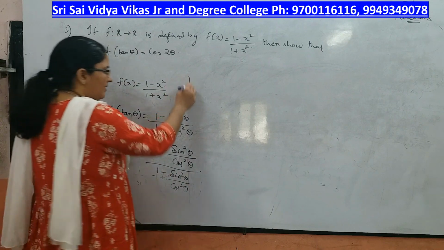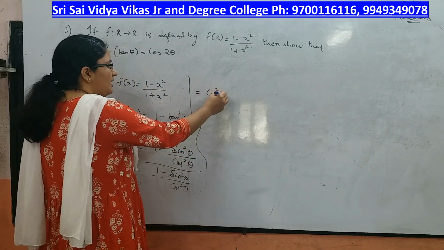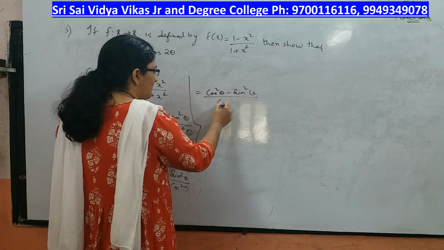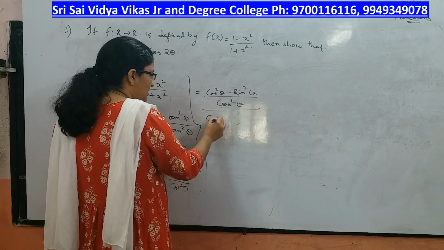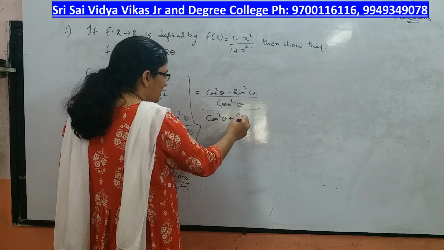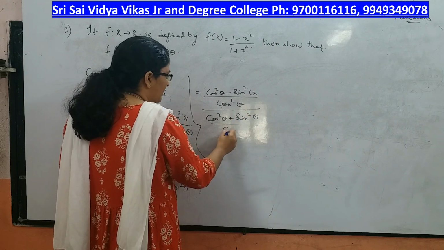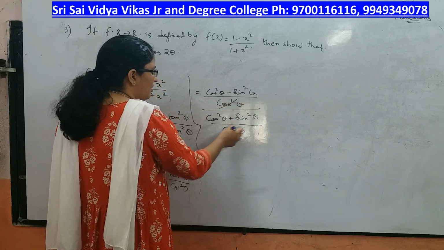So here you have cos square theta minus sin square theta by cos square theta, by cos square theta plus sin square theta by cos square theta. Cos square theta cancel.